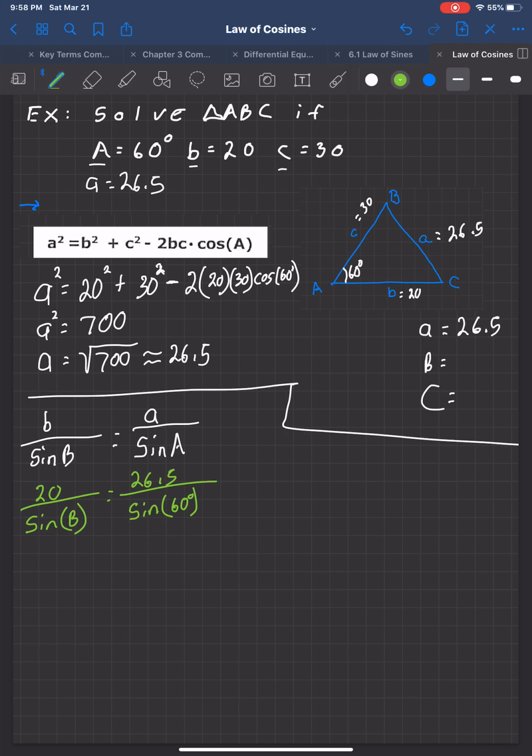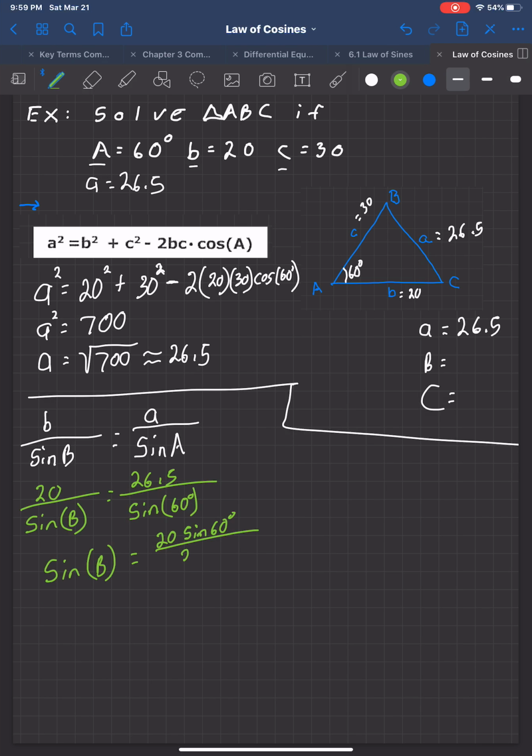Okay, so we cross multiply, we divide. So now we have sine of angle B is equal to 20 times sine of 60 degrees divided by, let's see here, did I put everything in the right spot?